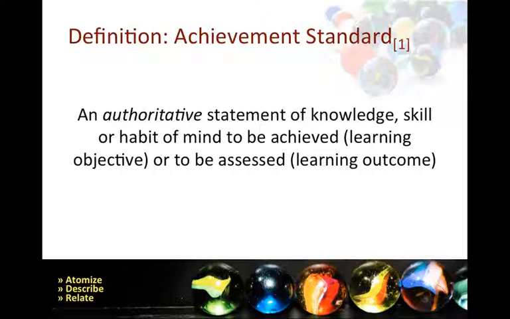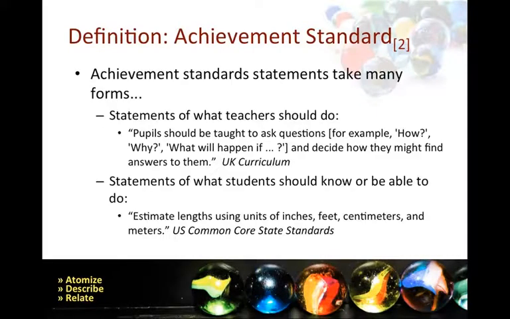The Achievement Standards Network fits into the curricular fabric in basically providing a means for the description and use of authoritative statements of knowledge, skills, or habits of mind to be achieved, learning objectives, or to be assessed, learning outcomes. So the focus here is not on the whole curricular structures, but on the achievement standards themselves.